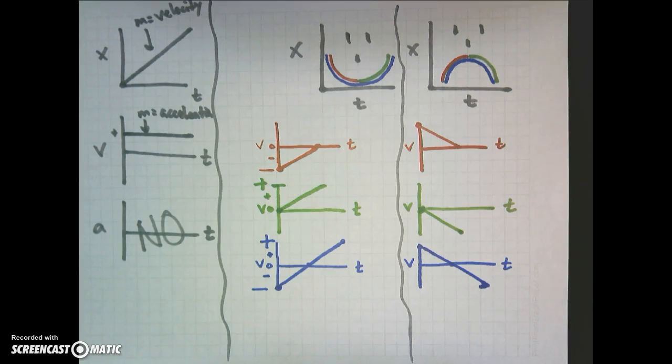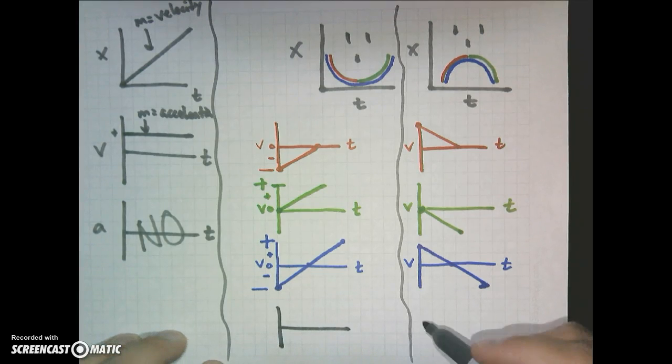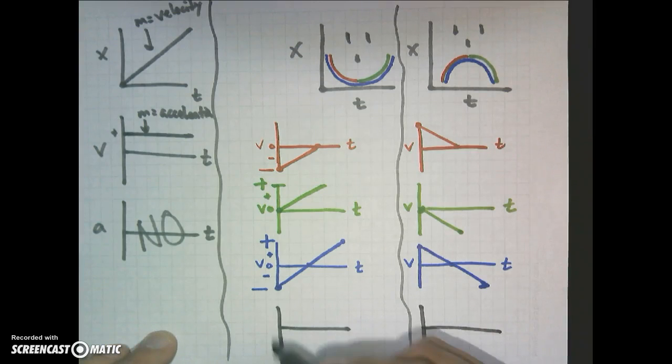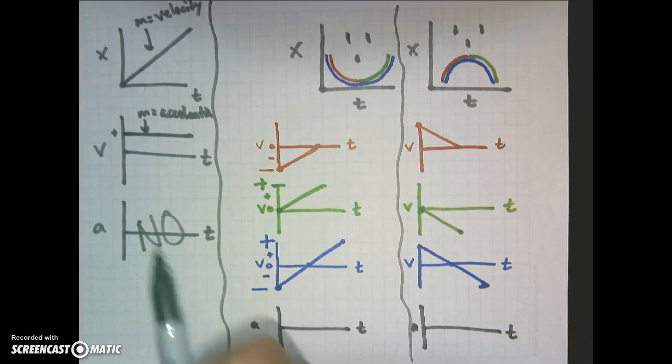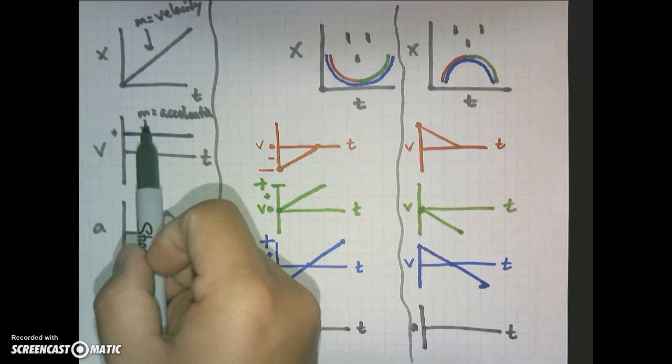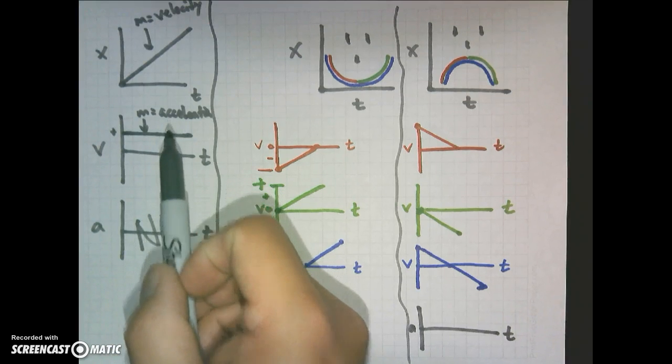Okay? Now here's the really nice thing then about the acceleration graphs. We only have 2 options for acceleration graphs if the motion is just one simple curve. Remember, the slope of a velocity versus time graph is the acceleration.